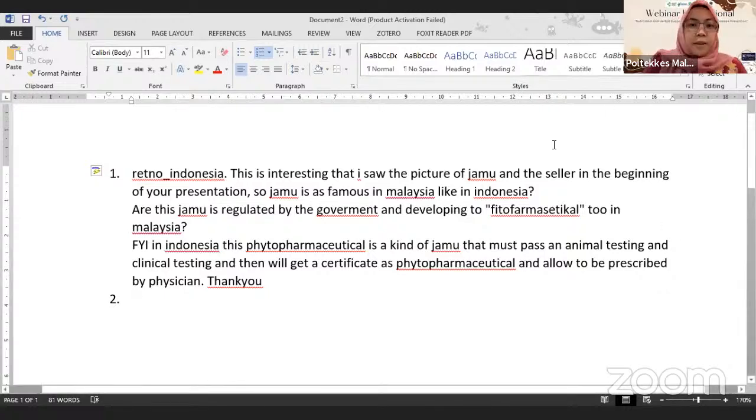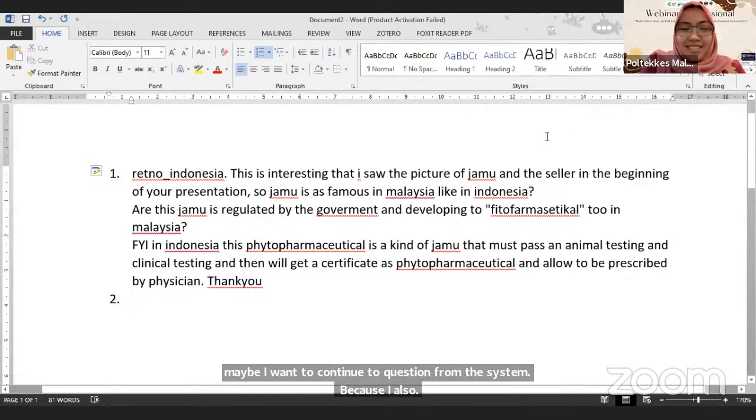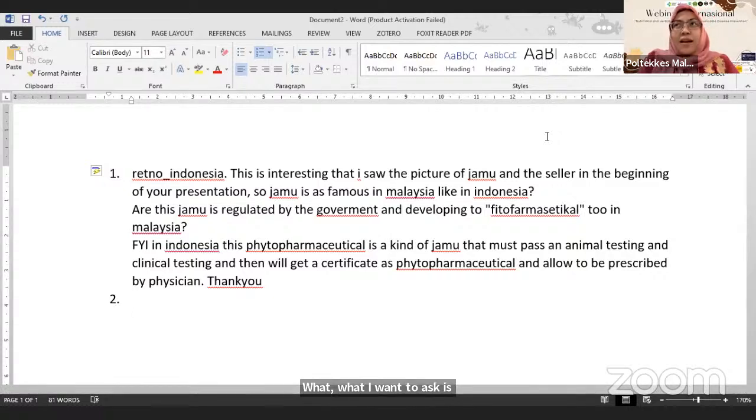Maybe I want to continue the question from Mrs. Retno Ika. If you said that jamu in Malaysia doesn't go through animal testing, maybe that's for the traditional jamu.